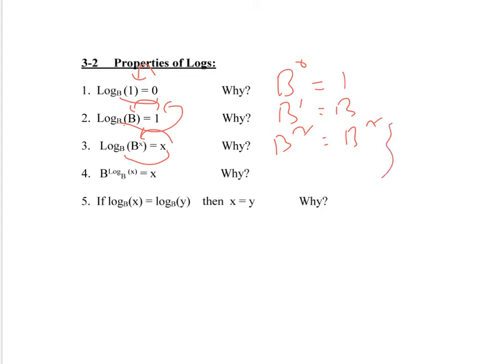These two are called our inverse properties of logs. And our logarithmic property of equality says if log base b of x is equal to log base b of y, then x is equal to y, and that's because if b to the x is equal to b to the y, then x is equal to y.